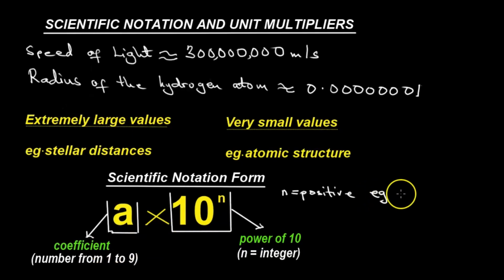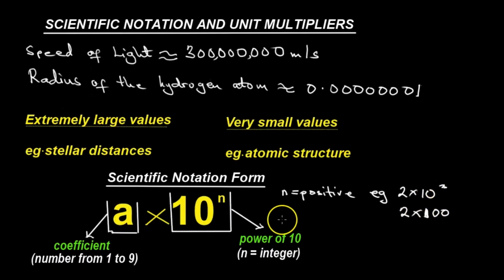For example, if we have 2 times 10 exponent 2, it means that 2 is being multiplied by a multiple of 10, which is 100. The 2 represents literally the number of zeros that are accompanying 1. Just have that in mind.